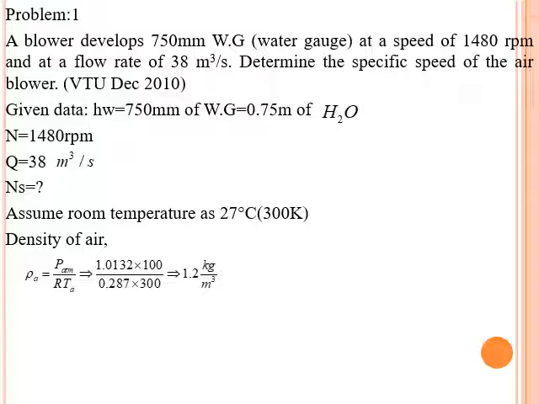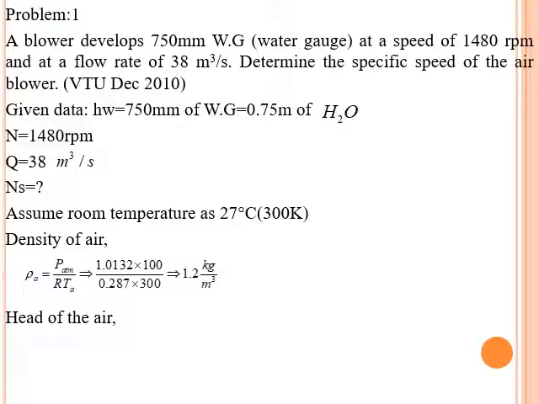The atmospheric pressure is taken as 1.0132 into 100, divided by the gas constant 0.287 kilojoules per kg Kelvin, into the atmospheric temperature 300 Kelvin. By simplifying this, we get the density of air as 1.2 kg per meter cube.